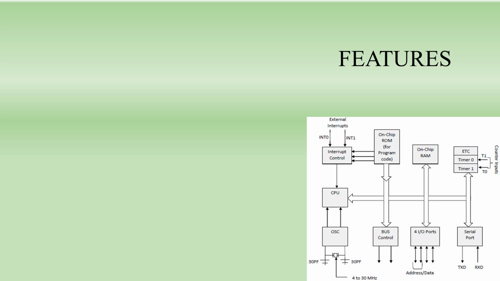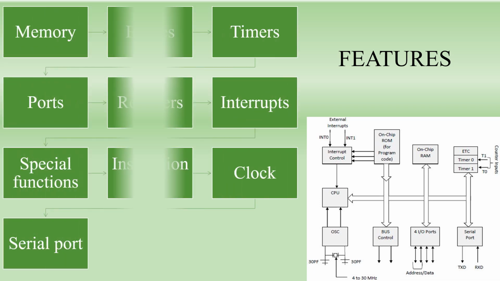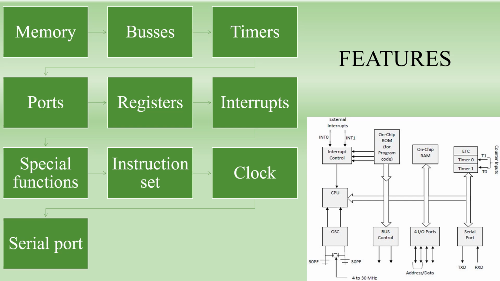There is a bus control for communication, 4 input output ports, serial communication is taking place, and timers are set. So there are some features that we need to see, that is the memory. So memory is here, 8051 has 4 KB of on-chip ROM memory, that is ROM is nothing but program memory, and 128 bytes of on-chip RAM, that is data memory.